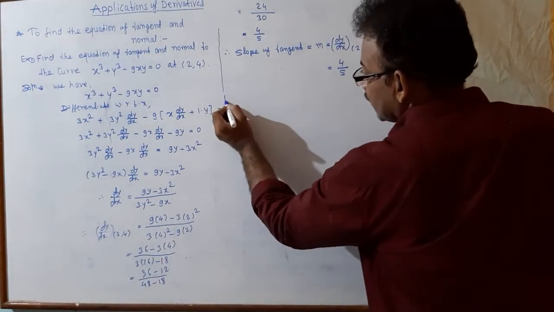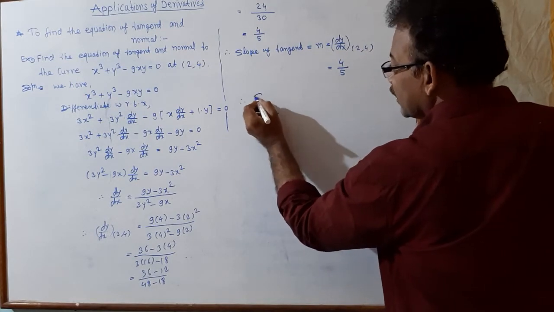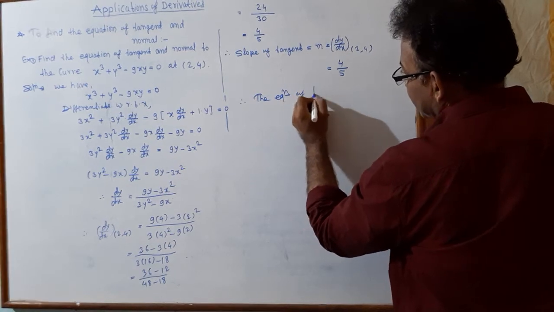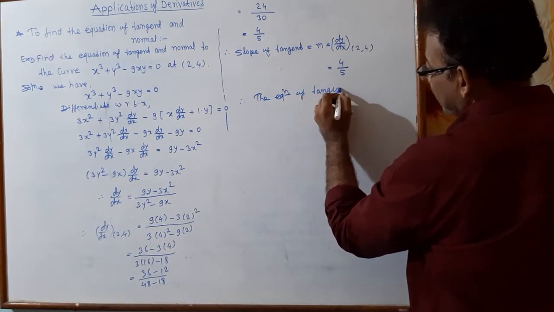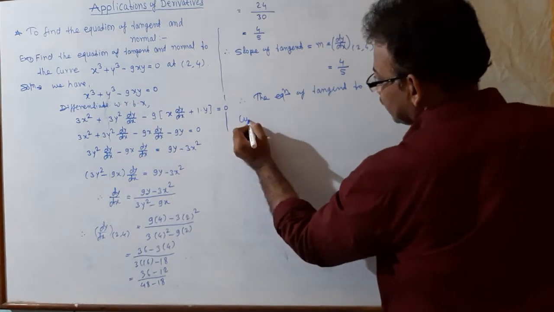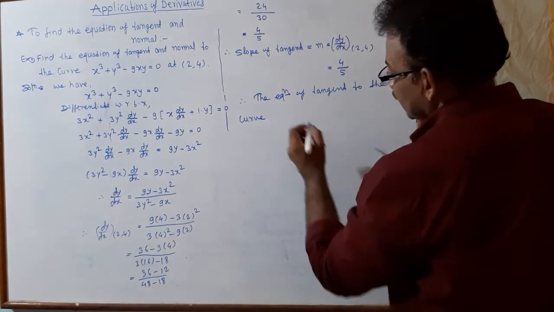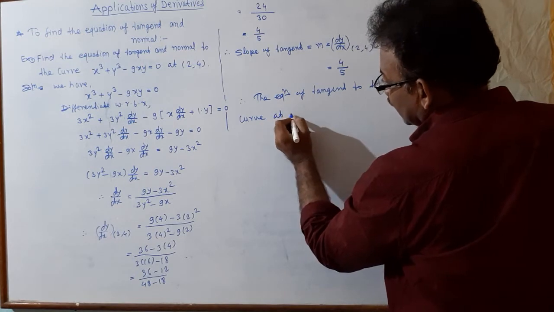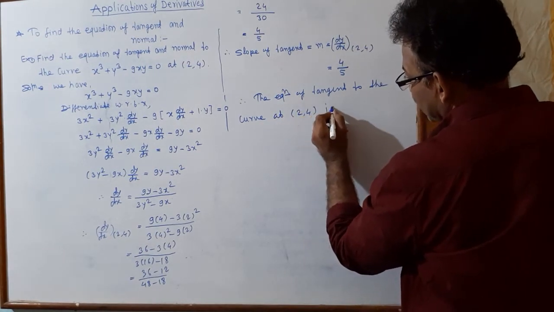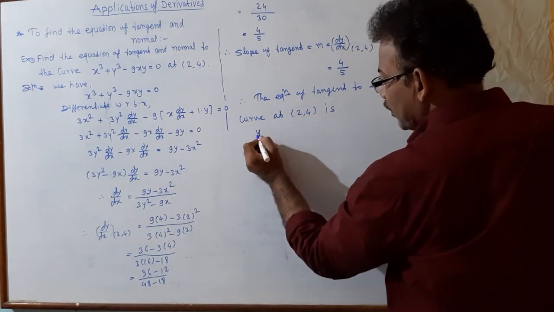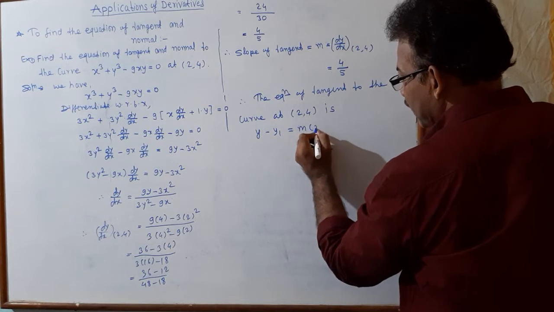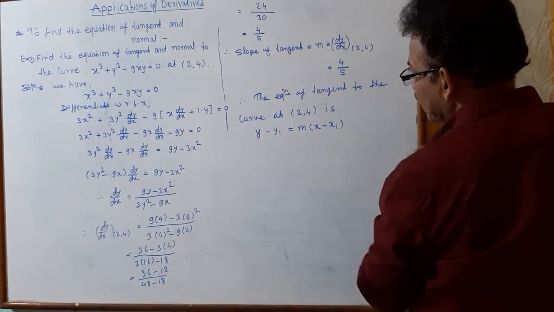And therefore we can find the equation of tangent to the curve at (2, 4). We know the formula: y minus y1 is equal to m in bracket x minus x1.